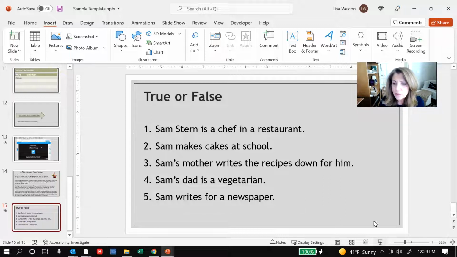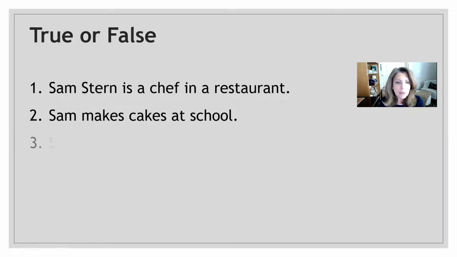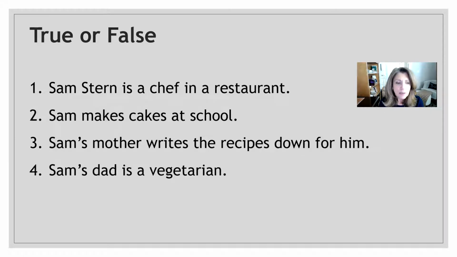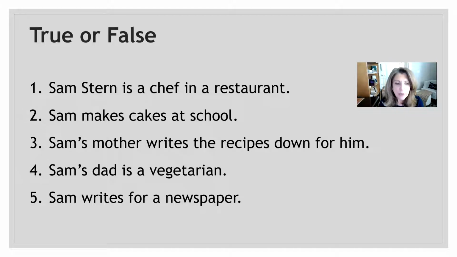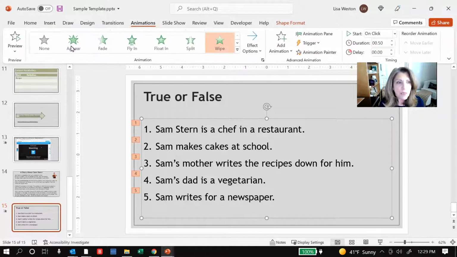So what I'm going to do is take this grouping of bullets and apply this animation where each one of the bulleted items comes onto the screen independent of the rest. All right, so first thing I'm going to do to prep this is go to animation and strip out all of the animation.